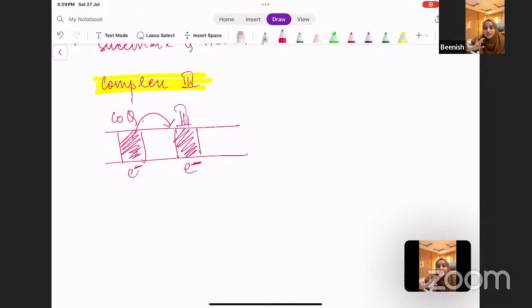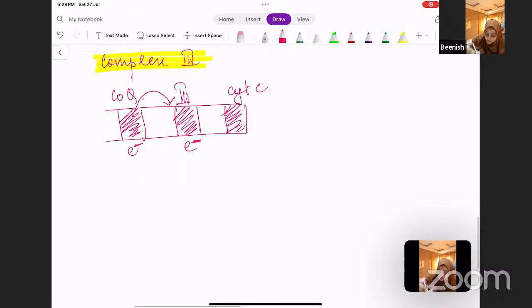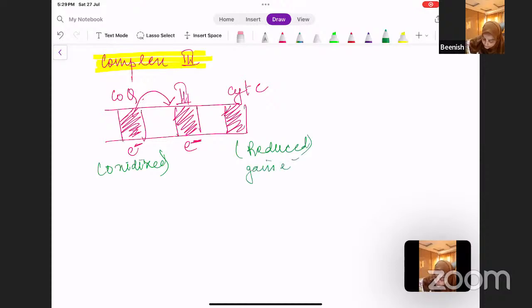From complex 3, the electrons will be taken up by the next mobile carrier, that is cytochrome C. Okay, so basically electrons from coenzyme Q are being lost. So your coenzyme Q is getting oxidized and they are being received by cytochrome C. So your cytochrome C is getting reduced, since it gains electrons.